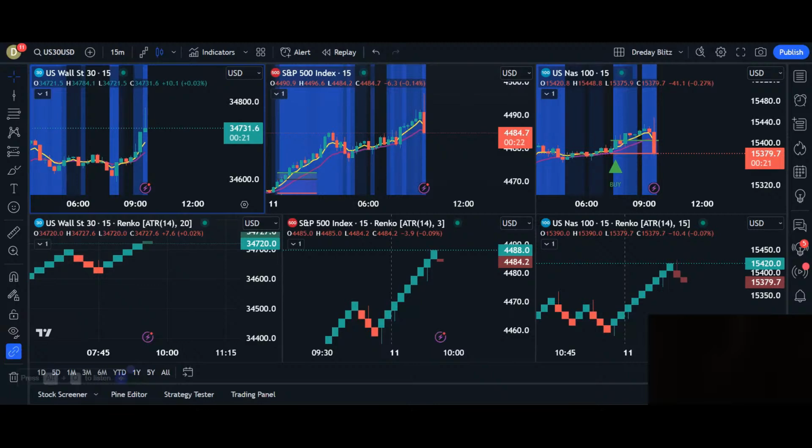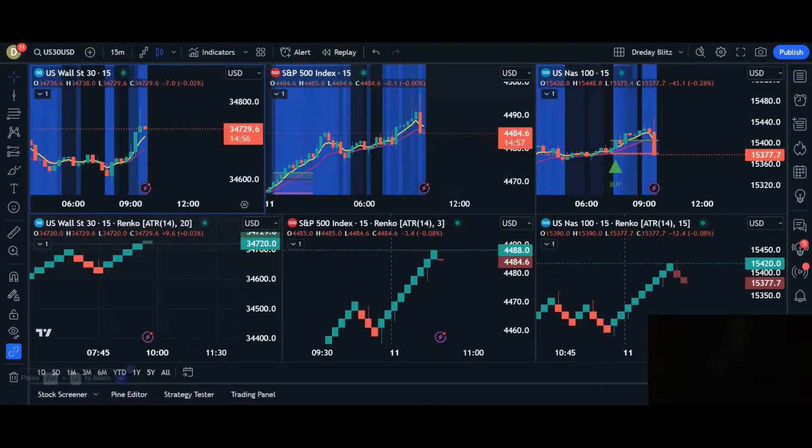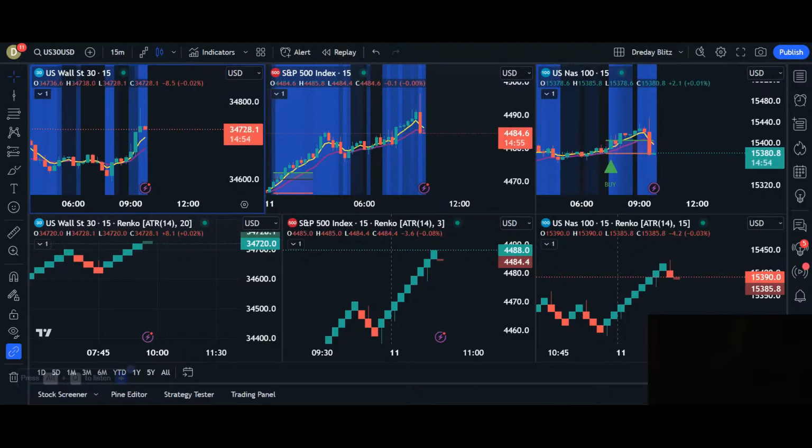US 30 is still showing bullish, but we'll see if we do see a confirmation of the reversal here on those two indices, S&P 500 and Nasdaq.